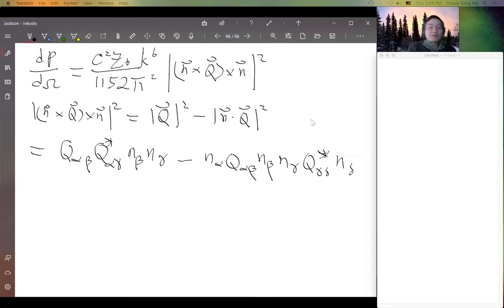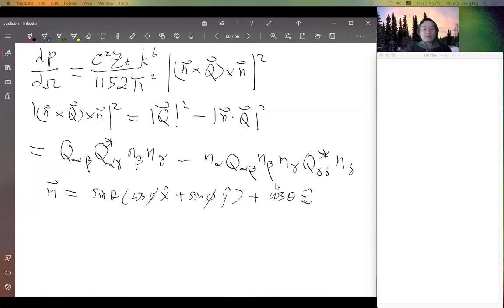For the radial unit vector, you have sine theta cosine phi, expressed in Cartesian coordinates so that you get all the angular dependency out, and that helps you do the integration. That cosine theta, z. Okay, so that is just the unit vector along the radial direction.